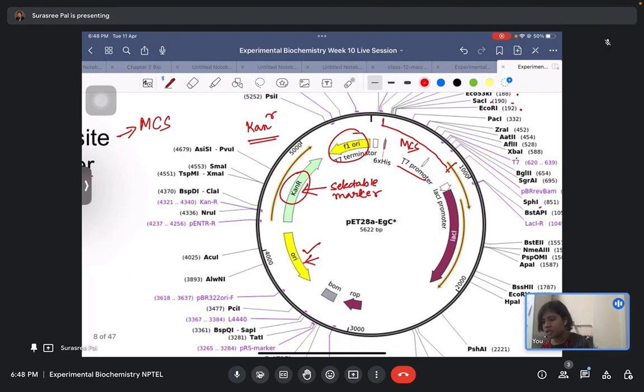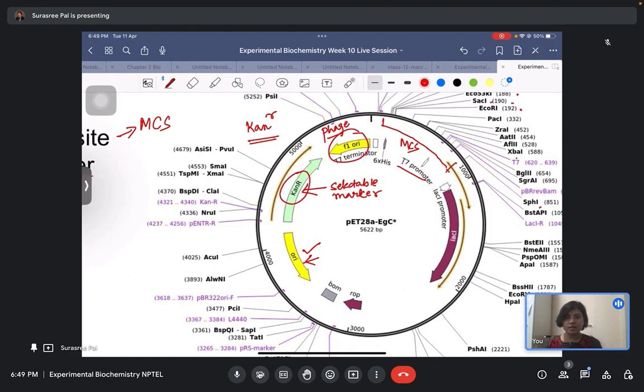So this F1 origin is derived from phage, which allows this plasmid to replicate in phage and to produce these phage particles, right? So that is the function of the several components of a plasmid DNA.